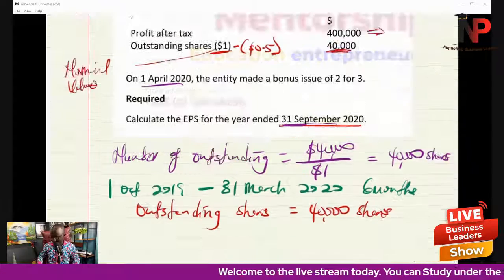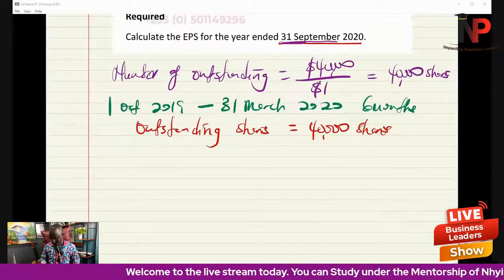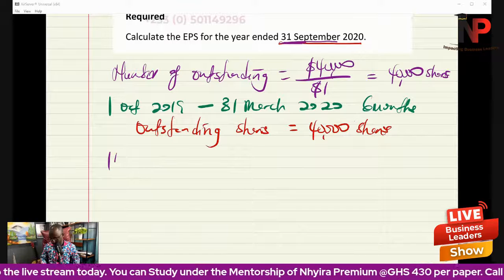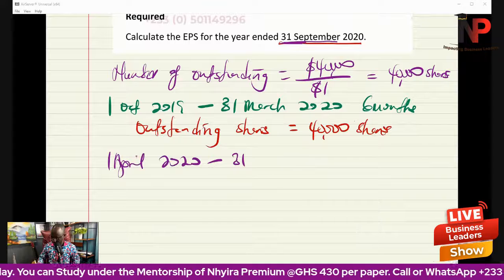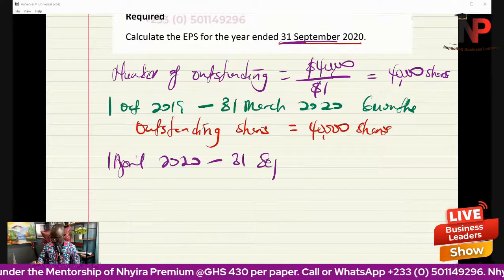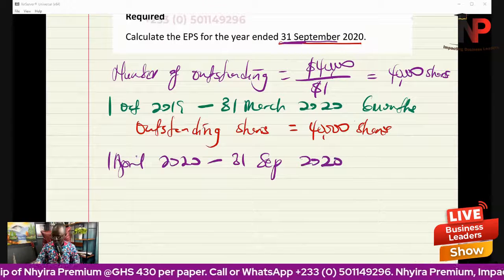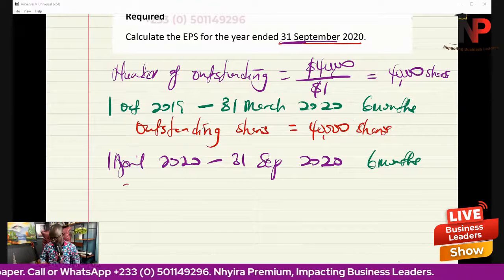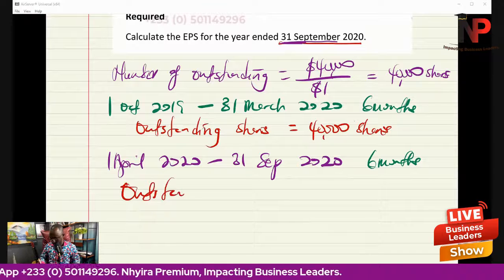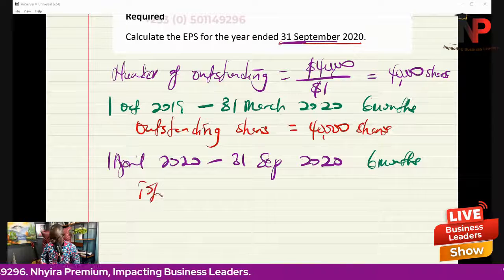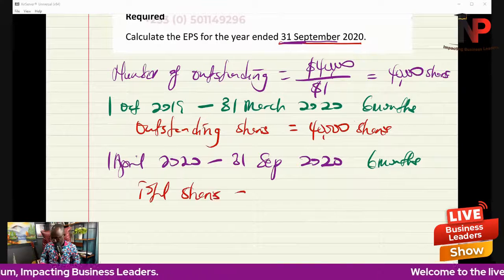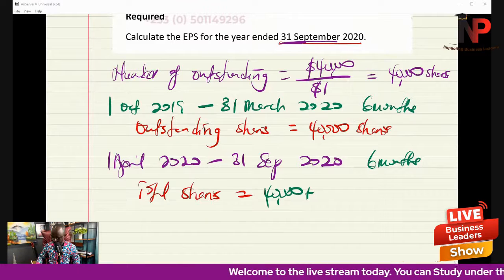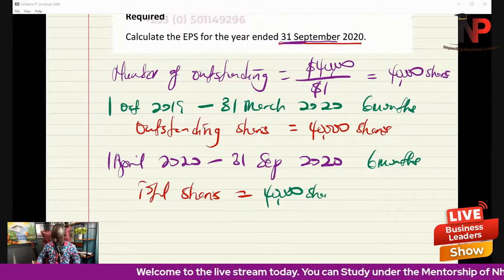Then we are told that they issue shares. So from 1st April 2020 to 31st September 2020, also another 6 months, the total shares will now be the 40,000 that we were having plus the bonus issue.